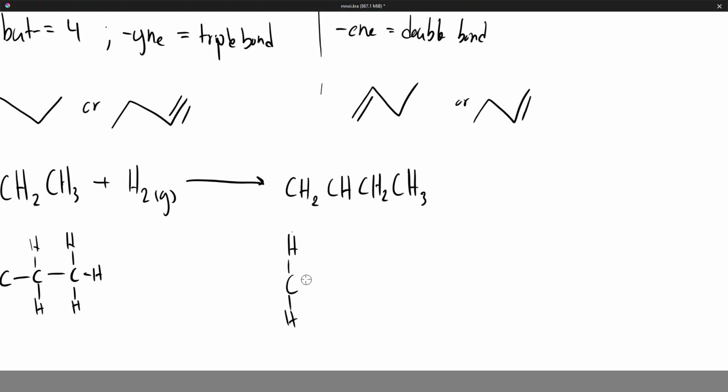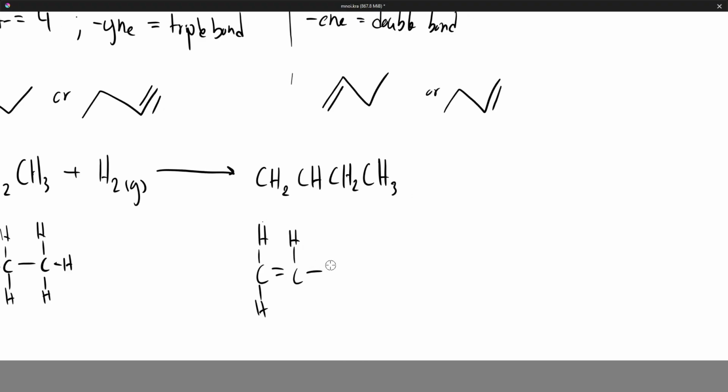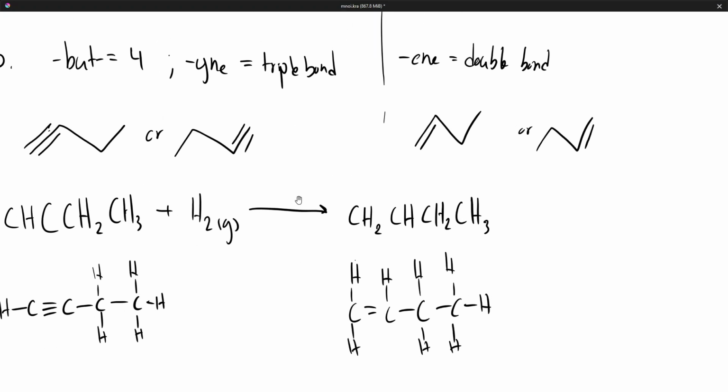So CH2 double bond CH. Yeah, that's good. 2, 4, 6, 8. Yeah, that's good. So this is what you should be getting.